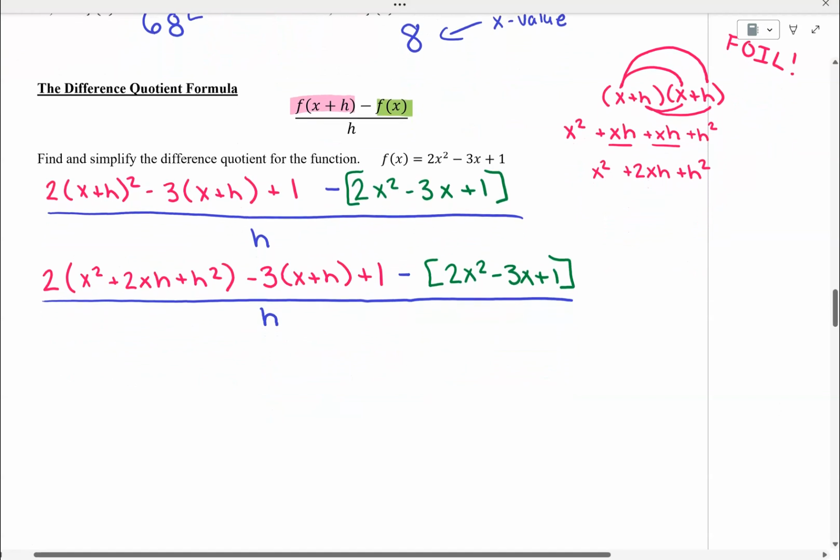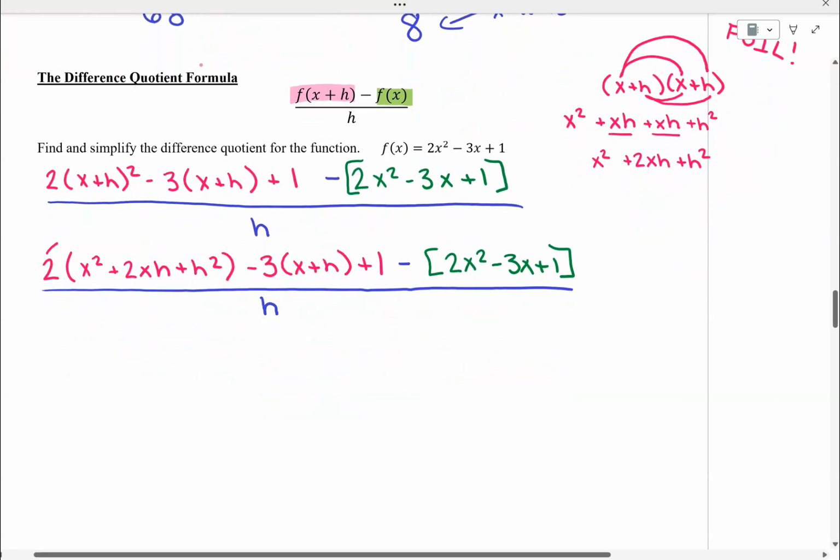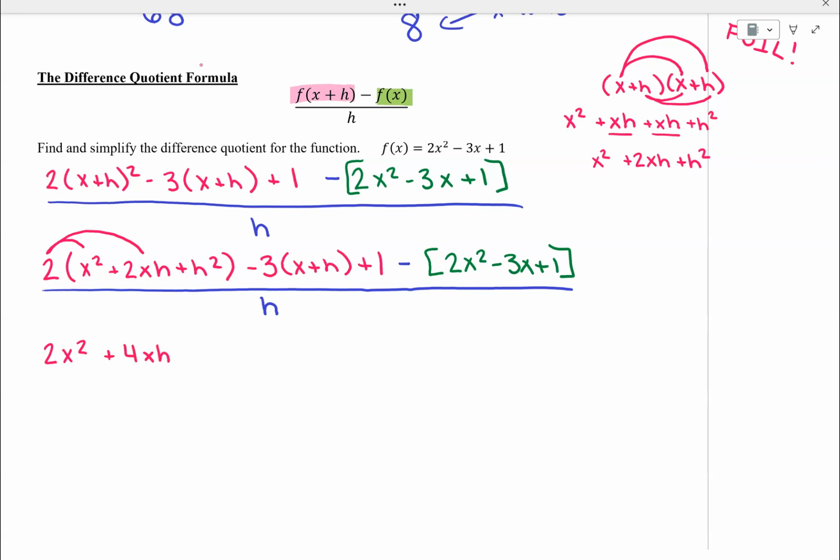So that means we have to go distribute. So 2 times x squared, 2x squared. 2 times 2xh is a 4xh. 2 times h squared is a 2h squared. Please be careful. This is a negative 3 times x. So negative 3x. Negative 3 times h, negative 3h, and then a plus 1.